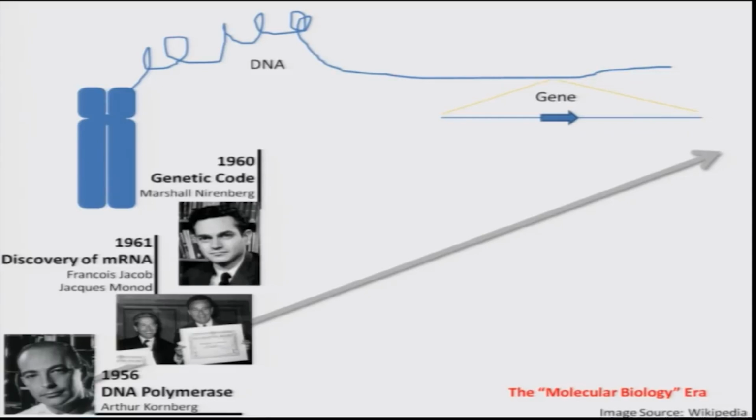Then we have this gentleman, Marshall Nirenberg, again an American scientist, who deciphered the genetic code: the triplet, the 3 bases together give a code as to what amino acid should be made when the RNA is being translated, meaning decoded.